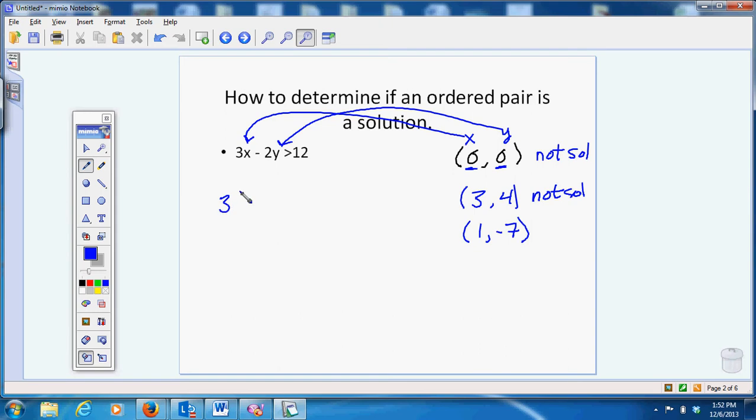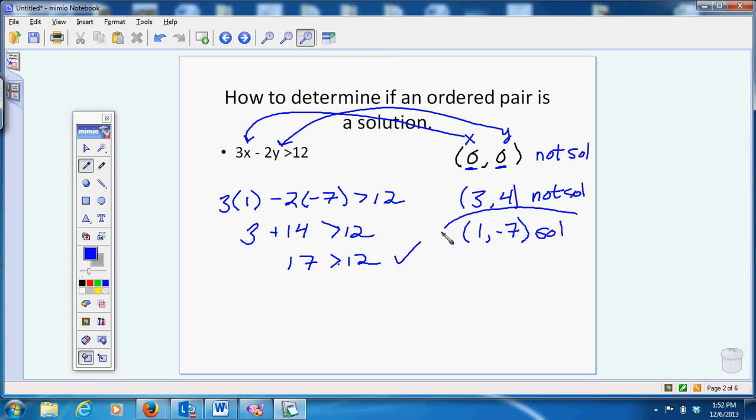Again, 3 times x, which is 1, minus 2 times y, which is negative 7, greater than 12. 3 times 1 is 3, minus 2 times negative 7 is a positive 14, so 3 plus 14 is 17, greater than 12. And this is true. So this is a solution.